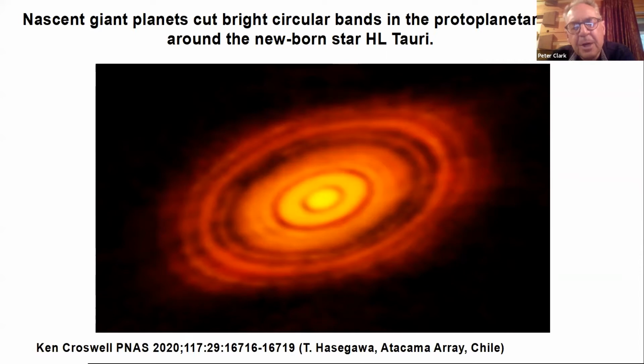The star is in the middle, and the bright bands are materials beginning to accumulate around the star. So this is a forming solar system, and it's only 1 million years old, and it's hundreds of light years from Earth. A remarkable picture, which was gathered using the array at Atacama in Chile.